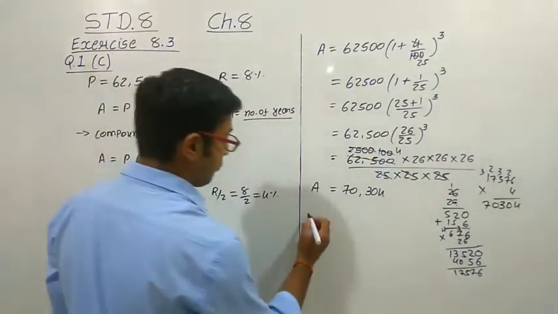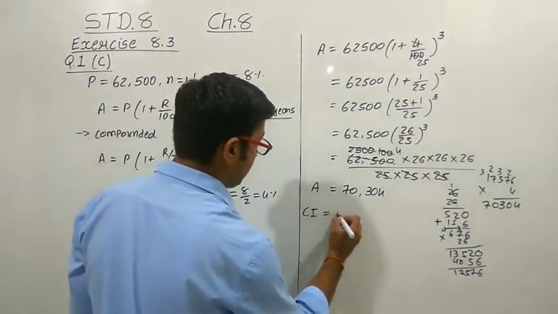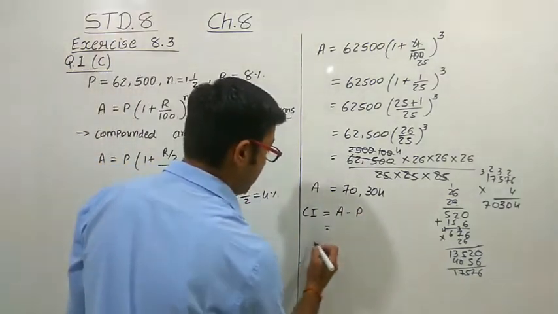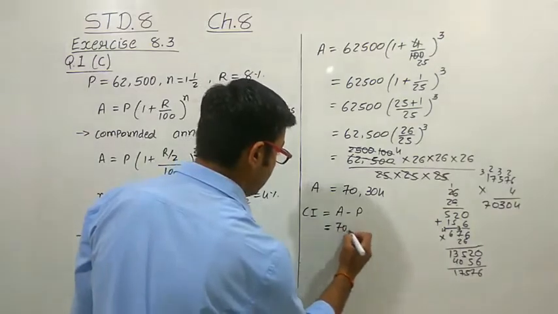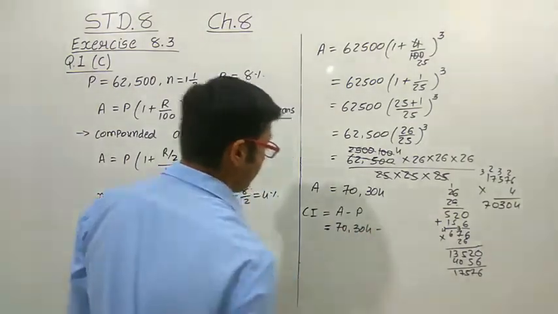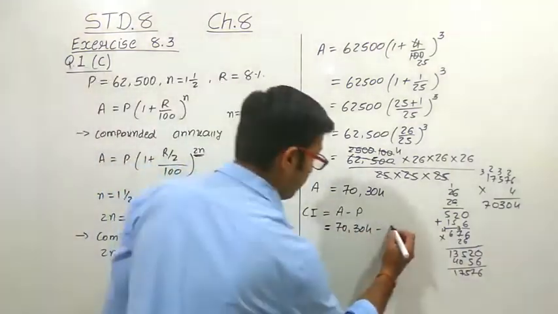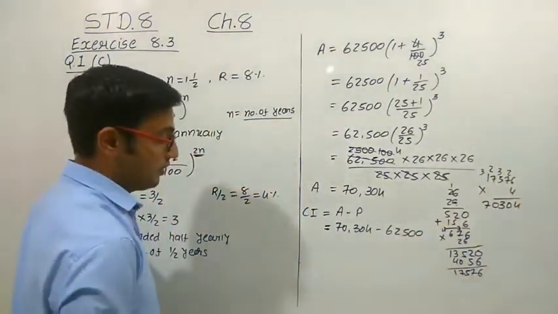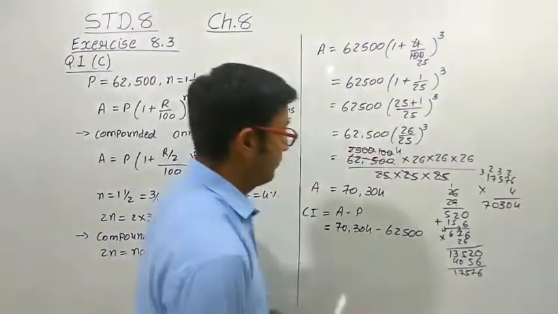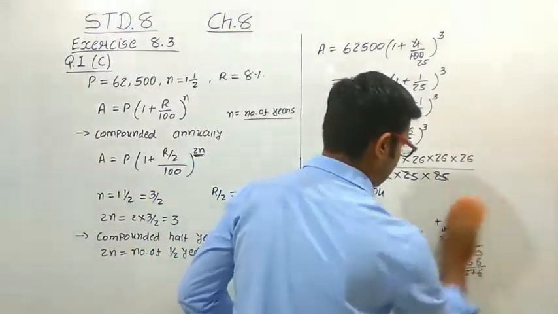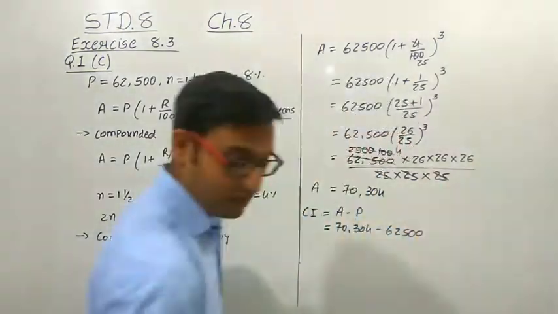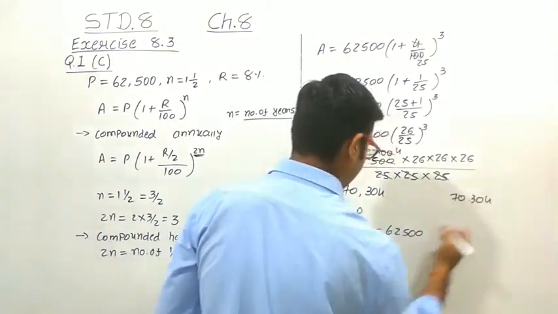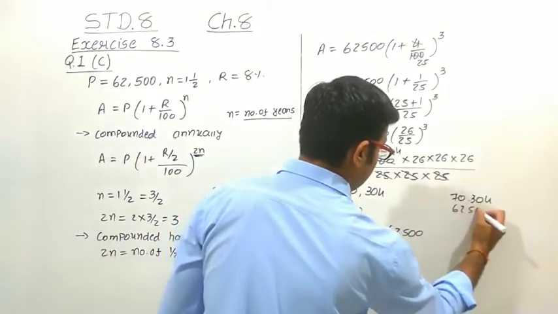Now we know that to find out the CI, we have to subtract the principal amount from the amount. So the total amount we are getting is 70,304. From that we have to subtract the principal amount, that is 62,500. Right? So let us subtract it. 70,304 minus 62,500.